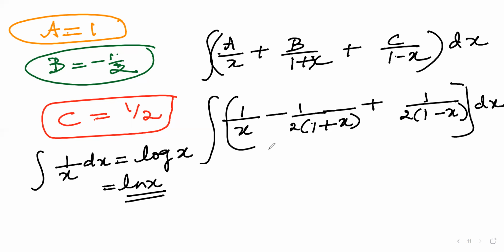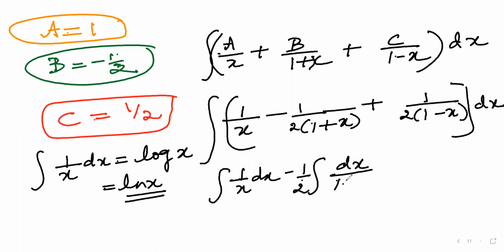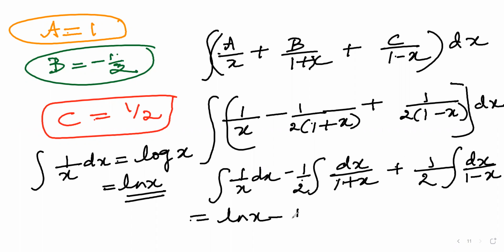That would be the integral of 1 by x dx minus half into the integral of dx over 1 plus x, plus 1 by 2 integral of dx over 1 minus x.